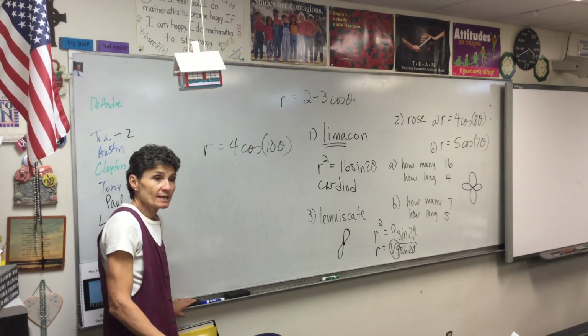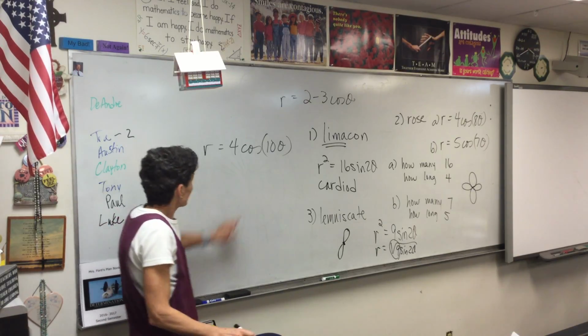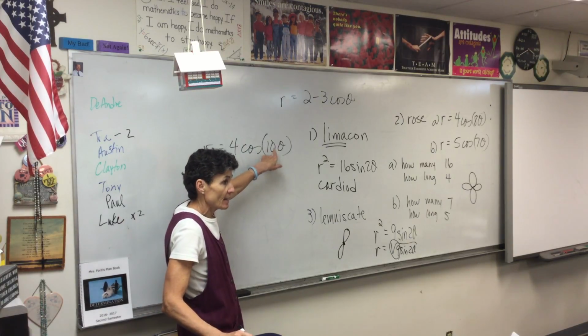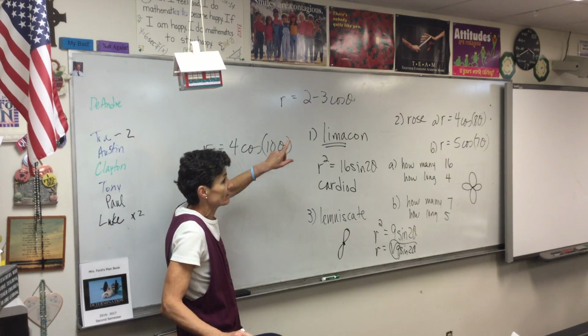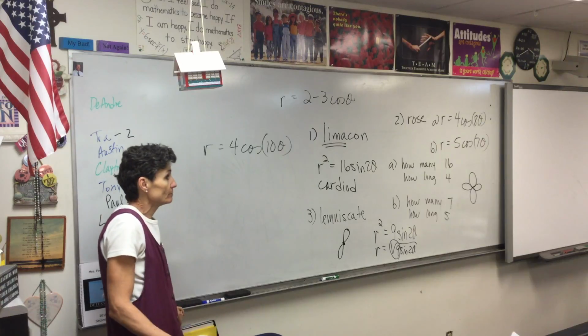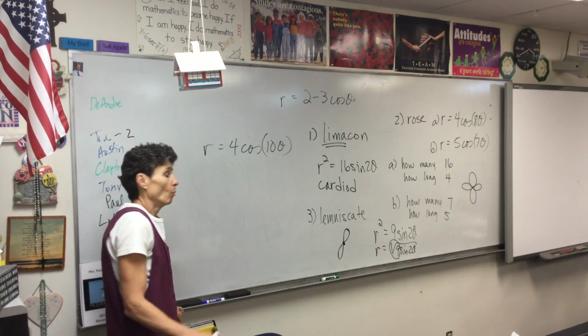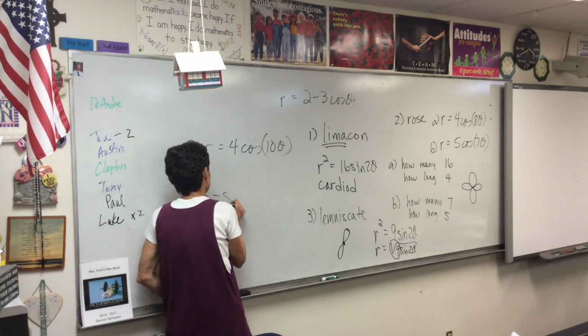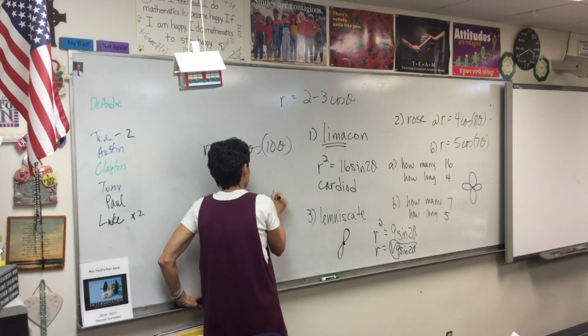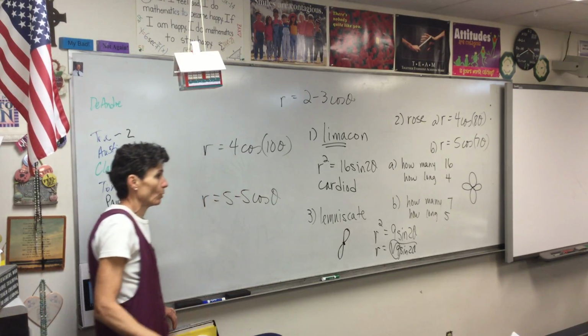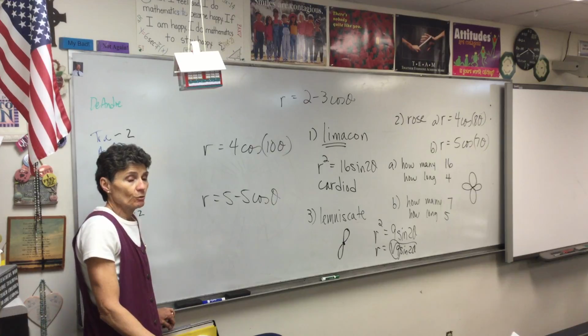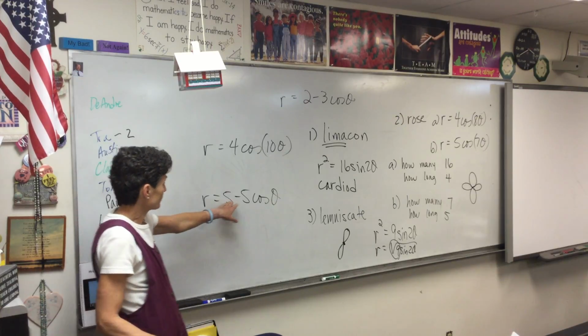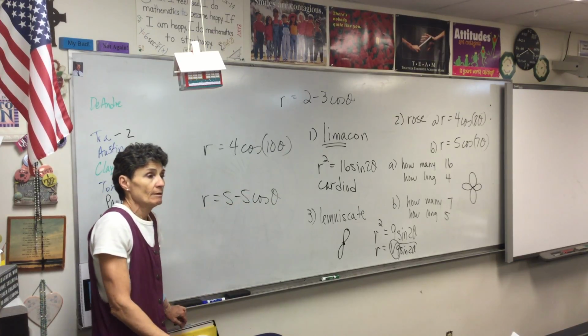Why do I know it has 20? That number is even, and when that number is even, there are double. What if I said, is this a cardioid? Yes. You would say yes, because both of these numbers are 5s.